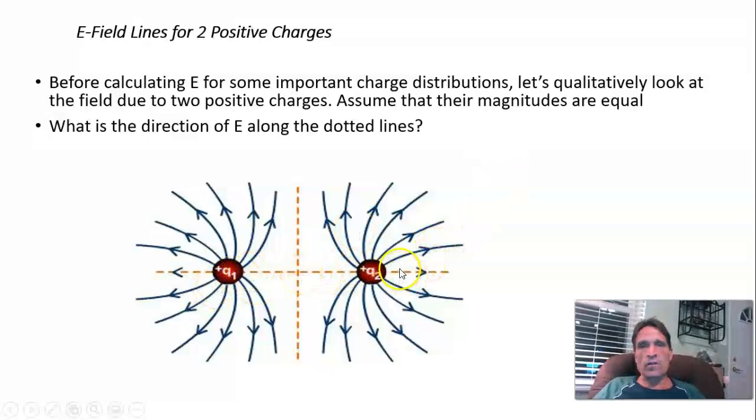Okay, let's go over here to the right of Q2, and let's stick our probe charge over here. It would be repelled by Q2, so that force would be to the right. It would also be repelled by Q1, but the effect of Q2 would be much larger because the probe charge is much closer to Q2 than to Q1.